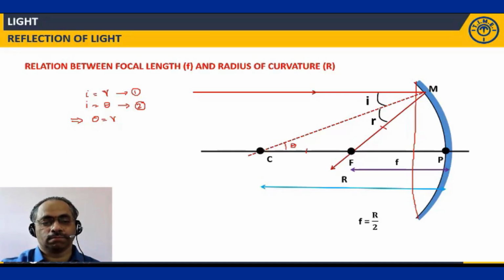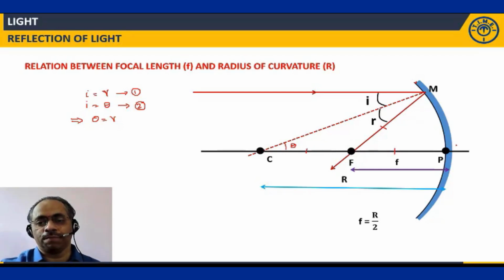Now, if I consider the mirror of a small aperture, then I will have an assumption that FM is equal to FP. When FM is equal to FP, I can also write CF is equal to FP.